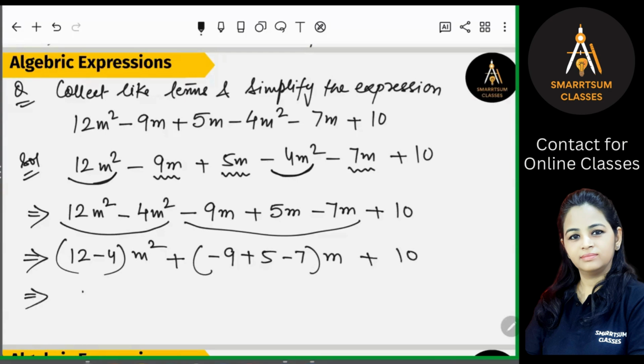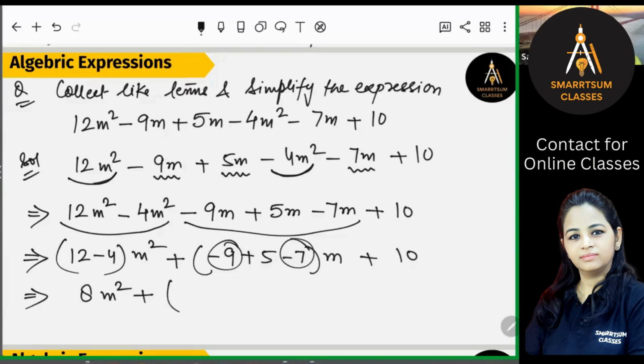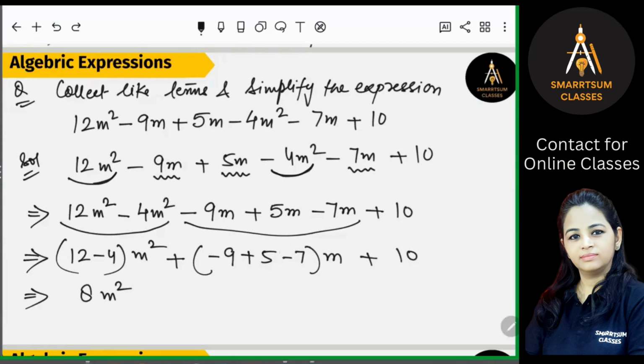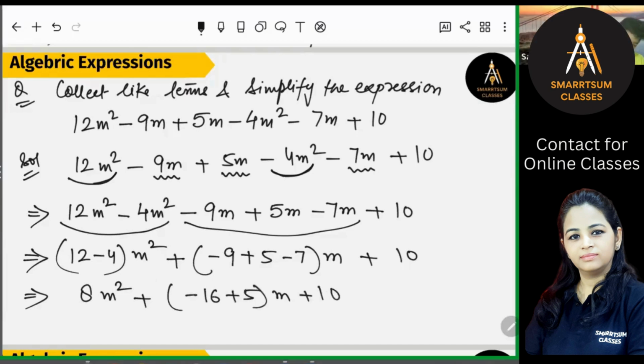12 minus 4 is 8, 8m square. Now simplify this. So this is what? Minus 9 minus 7 is minus 16, right? So first do this: minus 16 plus 5. Okay, 8m square.